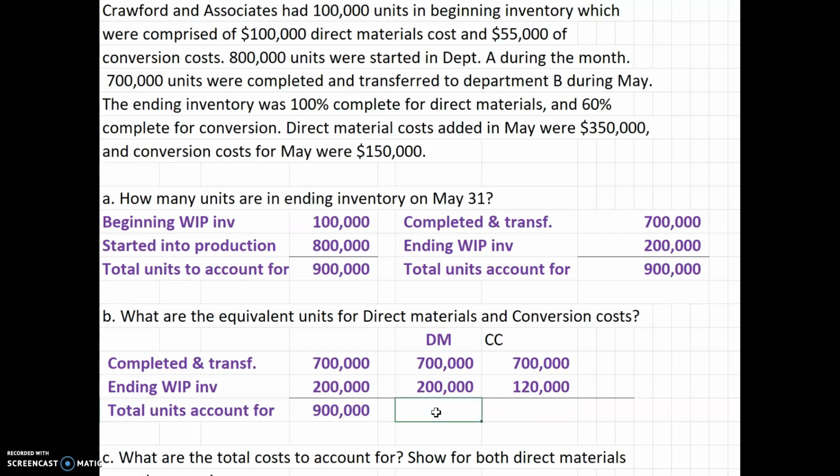So our total equivalent units then for direct materials is 900,000. For conversion costs is 820,000. Okay, so those are steps 1 and 2. We'll now look at steps 3, 4, and 5 in the next video.